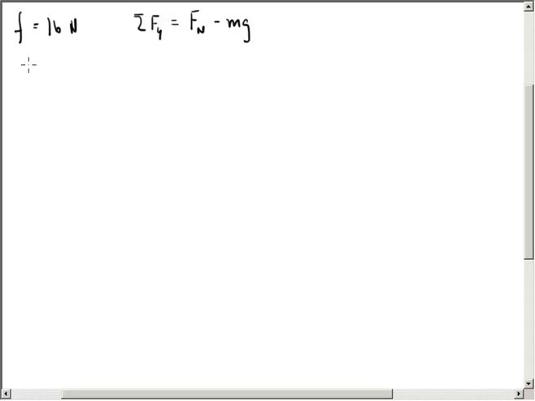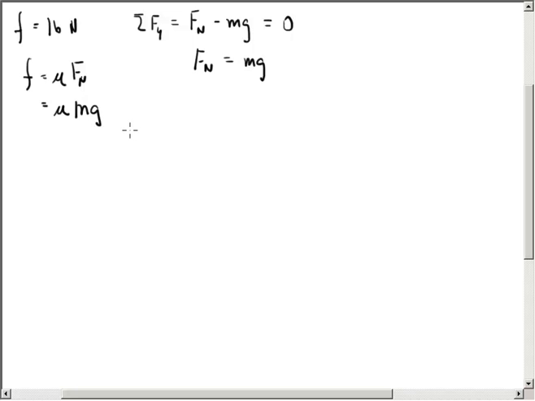Well, that relationship is that the frictional force is equal to coefficient of friction times the normal force. And from the y component of the equation, we have that Fn, the normal force, is equal to mass times the acceleration of gravity. And so that is simply equal to the coefficient of friction times the mass times gravity.